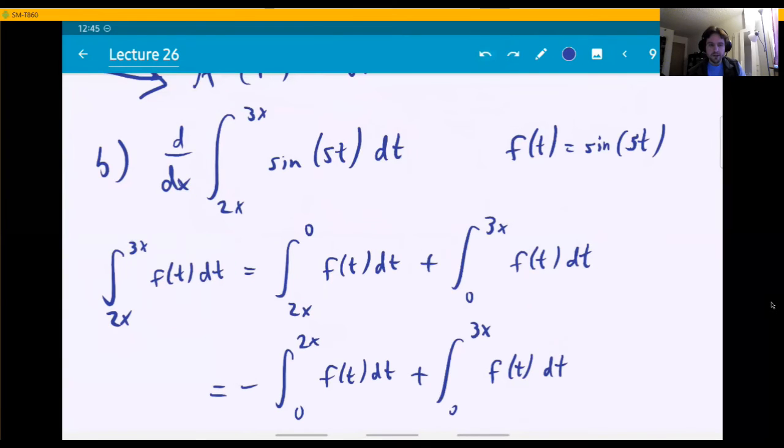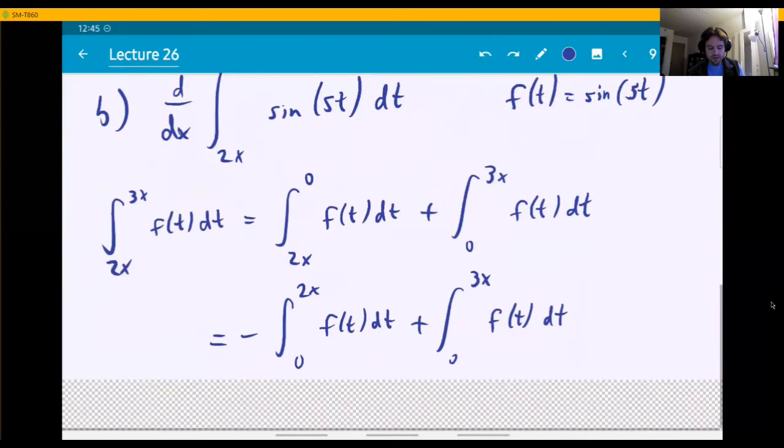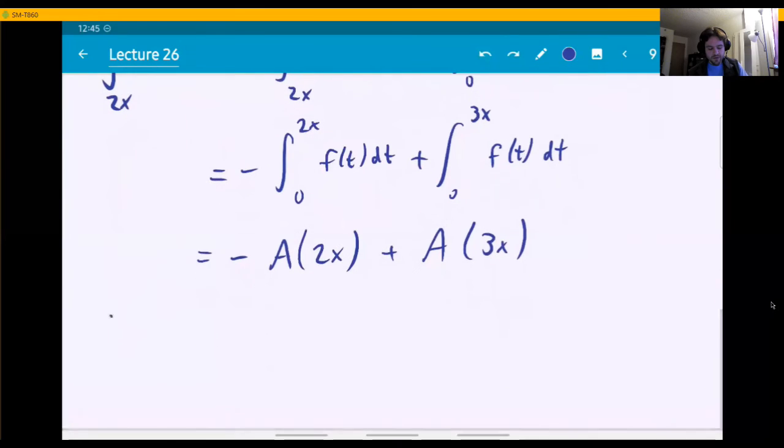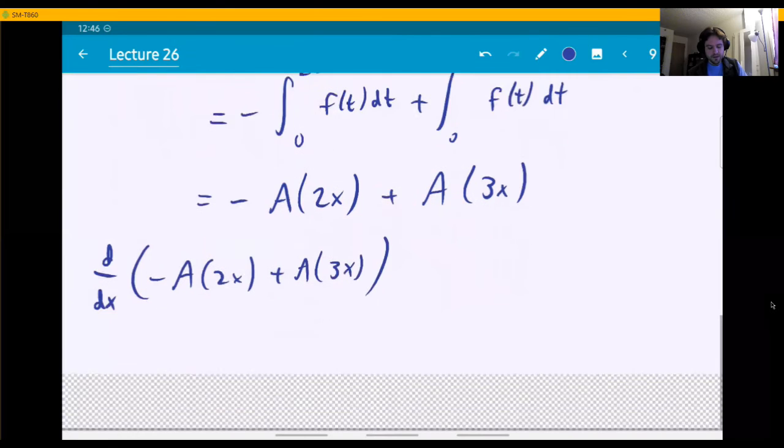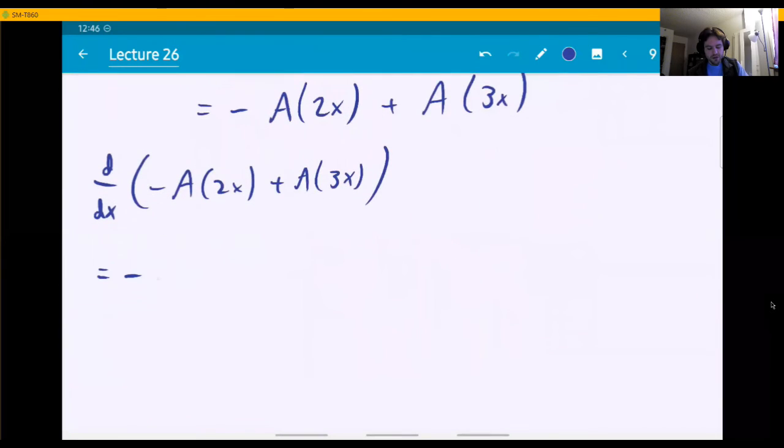Now we want to find the x derivative of that. Well, the x derivative, d dx, of the expression that we just found, just do this by the chain rule. That's going to be minus a prime of 2x times 2 plus a prime of 3x times 3.